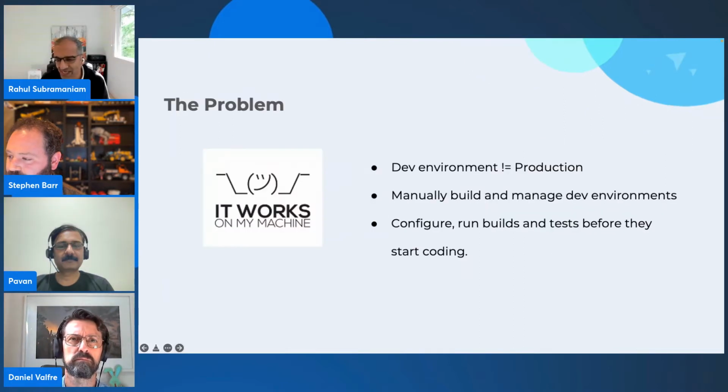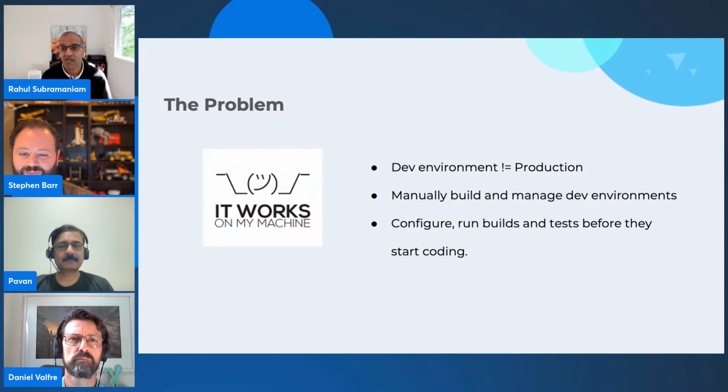Stephen, if you can go on to the next slide, please. The real problem is that your development environment is not the same as production. All of us have our laptops or iPads or whatever we use to develop, and they vary from Windows boxes to Macs to Linux boxes, with different flavors of the OS, different environment variables, and different builds of dependencies, whether that be libraries for your core product, compilers, or whatever other dependencies you might have.